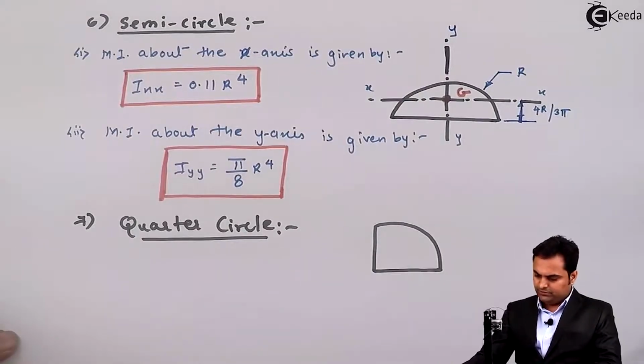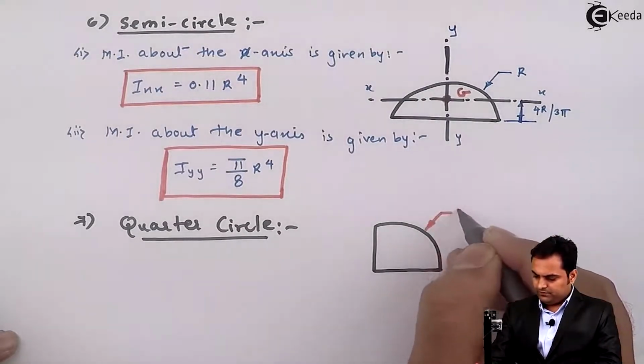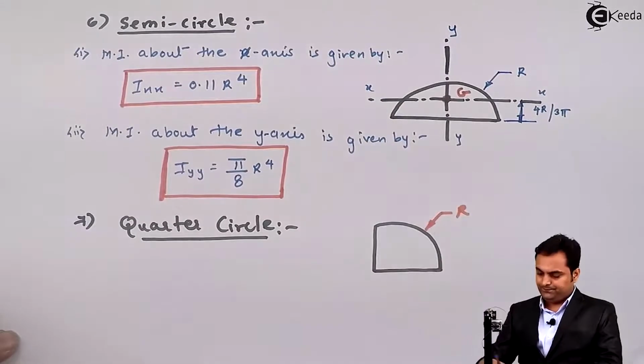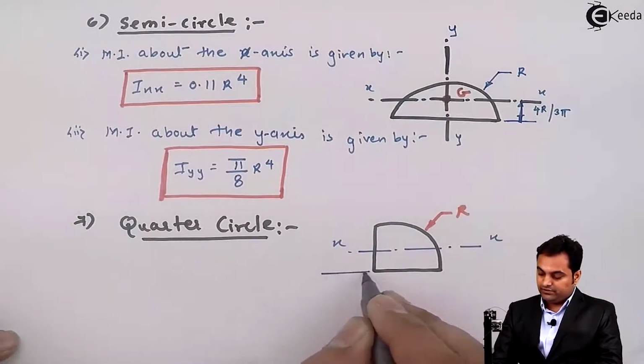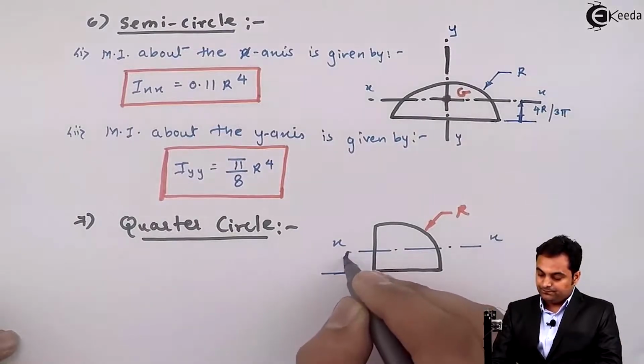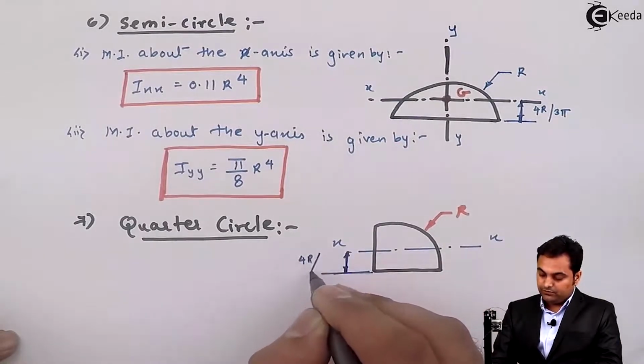And for a quarter circle, here also the radius is capital R. The x-axis is located at a distance 4R upon 3 pi.